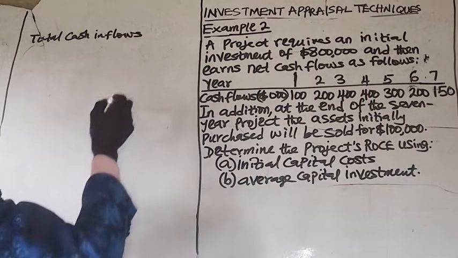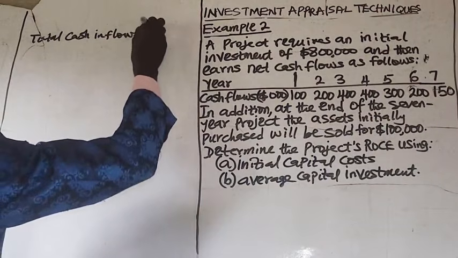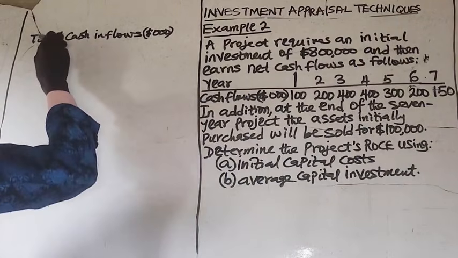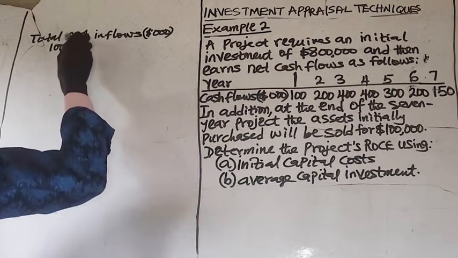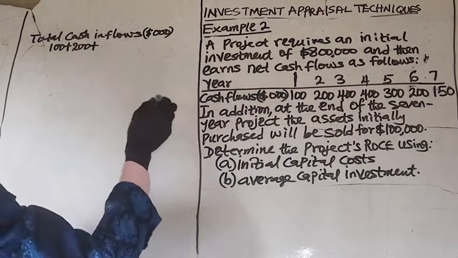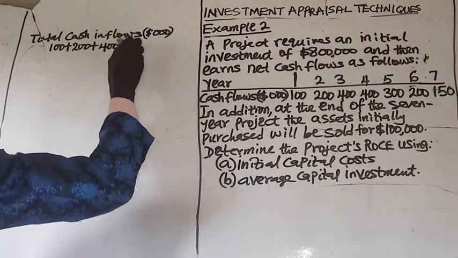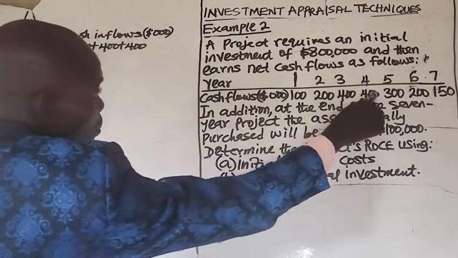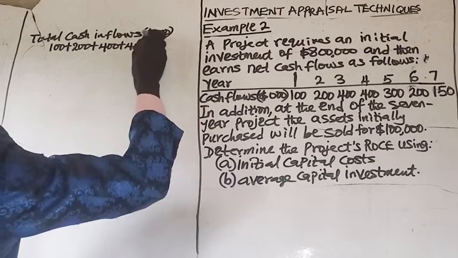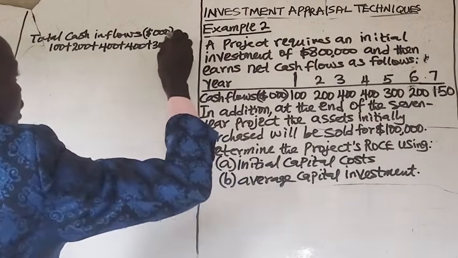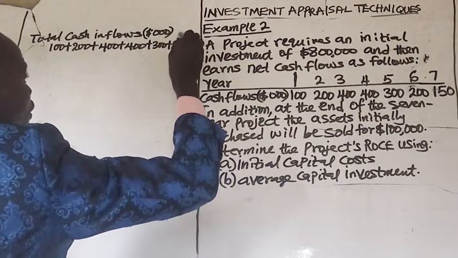The amount is in $1,000: 100 plus 200 plus 400 plus 400 plus 300 plus 200 plus 150.